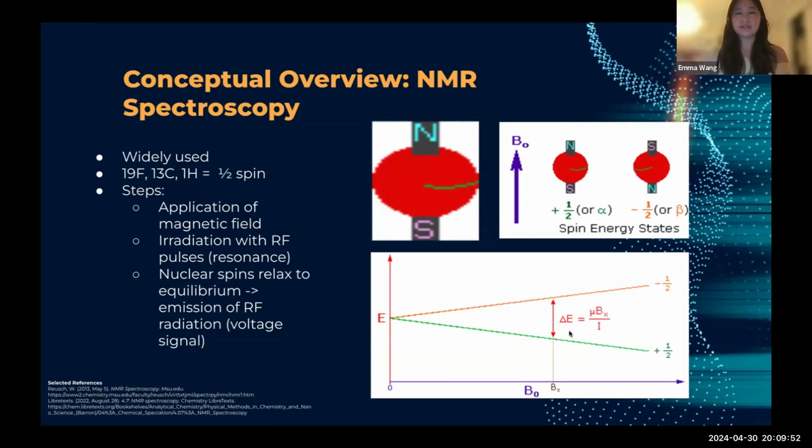And when this happens, and then they eventually, after they excite, and then you stop applying the pulse, then they'll relax back into the beta spin state, and this will release a resonance, which is where the R in NMR comes from. And this resonance can be interpreted as a voltage signal, which the spectrometer, which is the instrument of NMR spectroscopy, will show as a spectra. And from the spectra, you can glean a lot of information about the chemical environment surrounding each fluorine, which is what we're doing specifically, but also like carbon or hydrogen atoms in the compound.